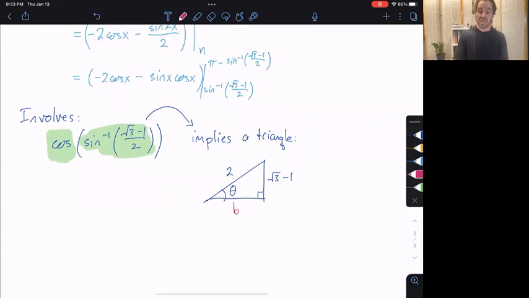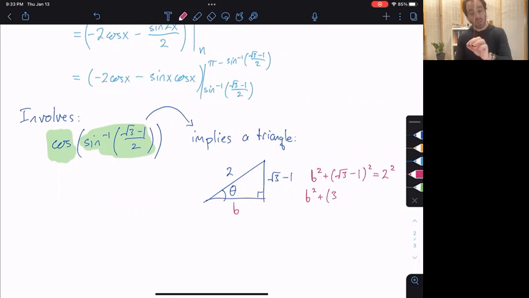I'll call this b in the spirit of Pythagoras. So I know that b squared plus root 3 minus 1 squared has to be equal to 2 squared. Well, I ate my foiling Wheaties today, so I know that this is root 3 squared, which is 3, minus 2 times 1 times root 3. So that's minus 2 root 3.